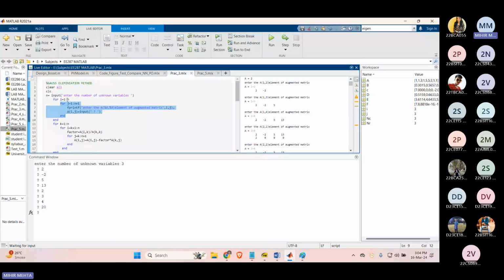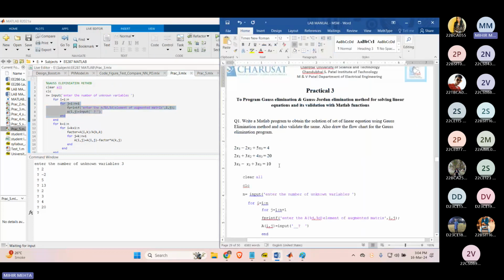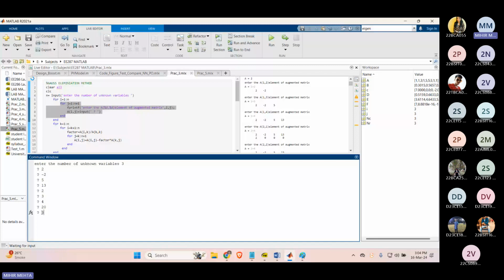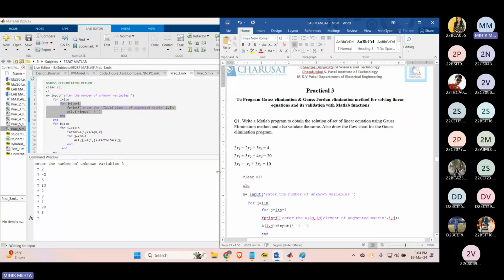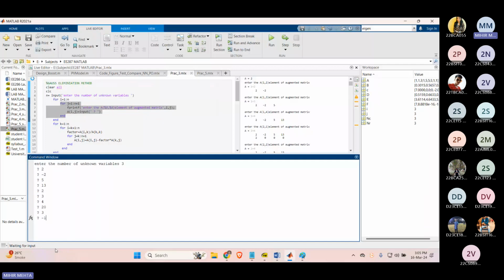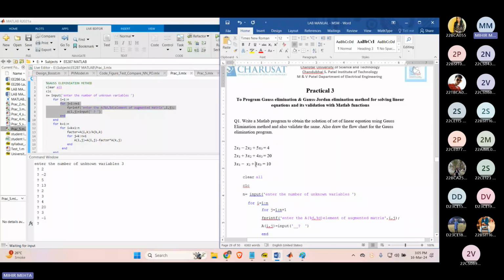So for 3, 1, for the value of A31, it is 3. For A32, the coefficient of x2 is minus 1. So we write this here as minus 1. Then we have the coefficient of x3 as 3.